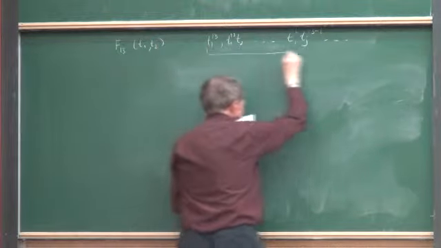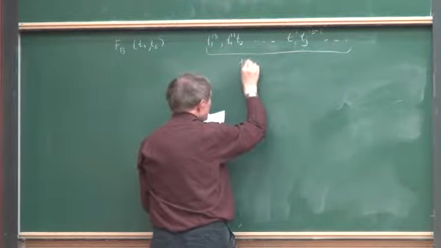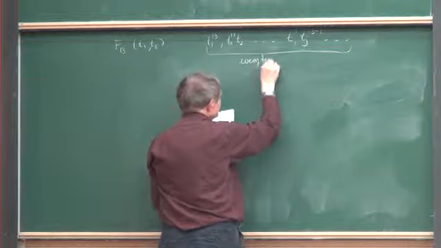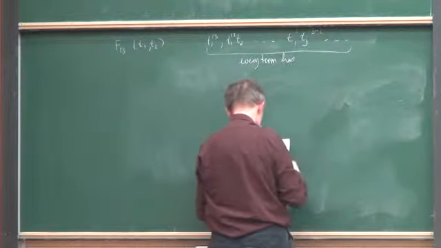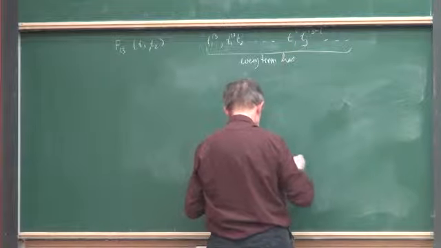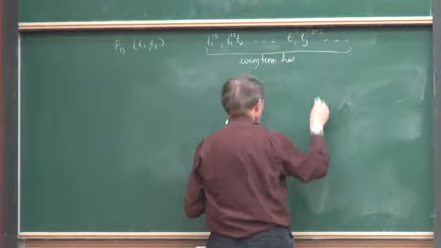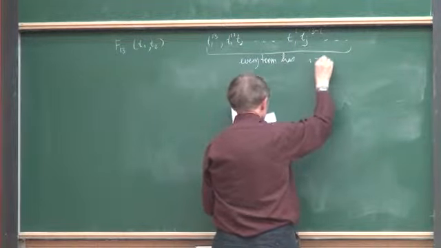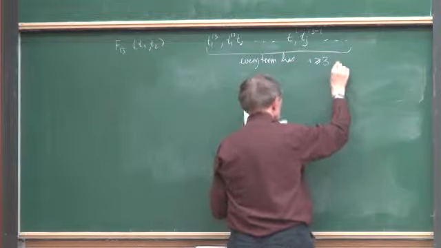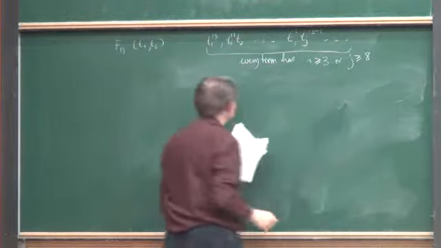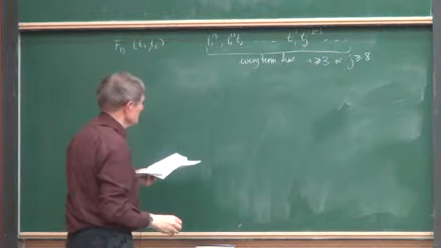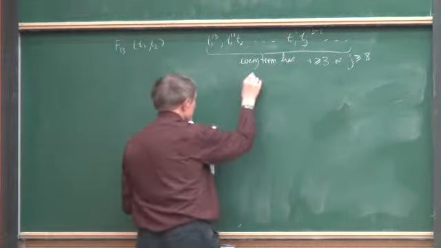So every term here has exponent i greater than or equal to 3 or j greater than or equal to 8. Right, and some of them have both with a bit to spare.